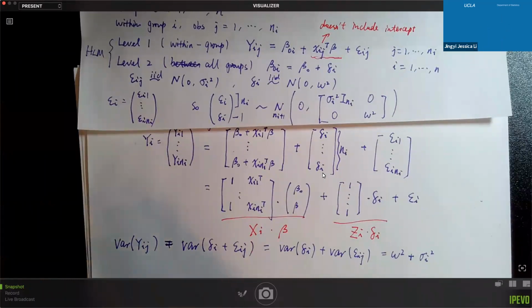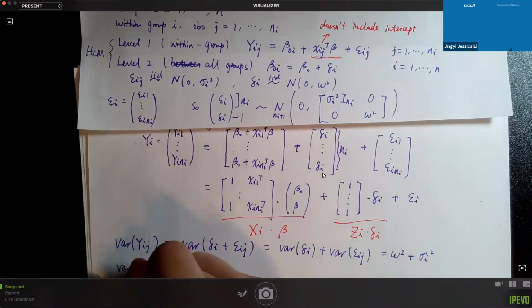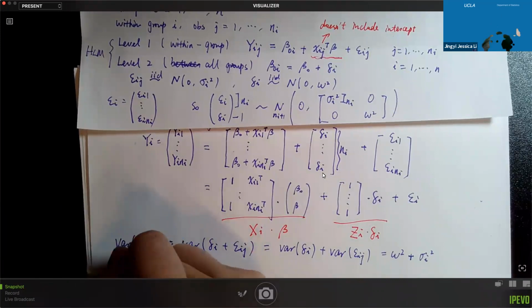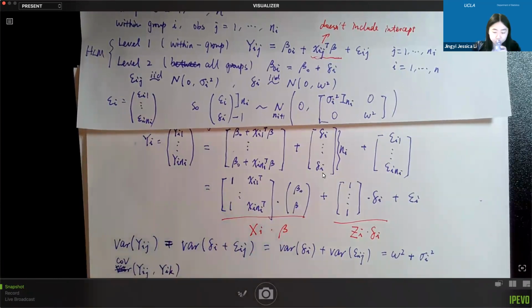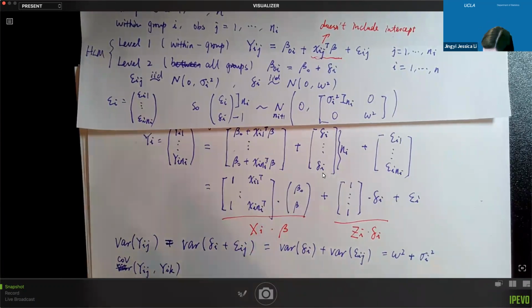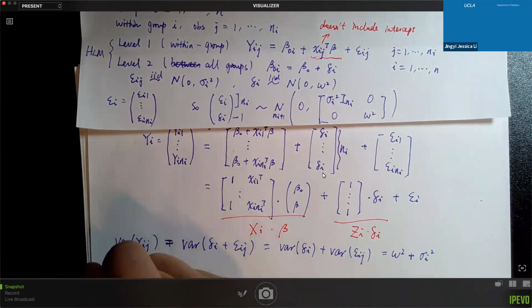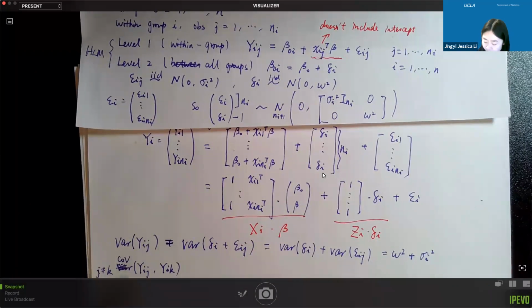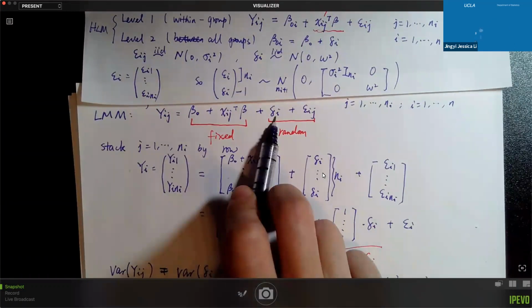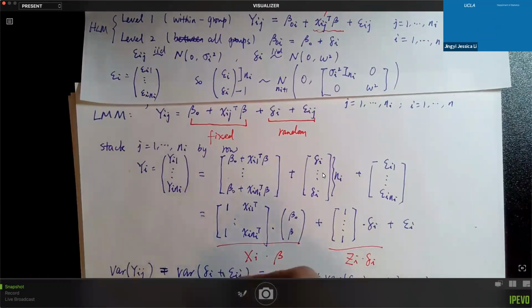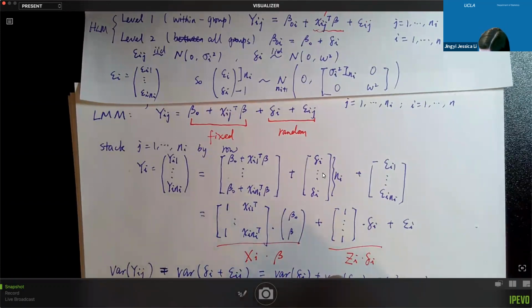So let's do the covariance of Yij and Yik, for j not equal to k. What would be the covariance of Yij and Yik? What's in common? You see, delta i is in common. So this is actually the covariance of delta i plus epsilon ij and delta i plus epsilon ik.